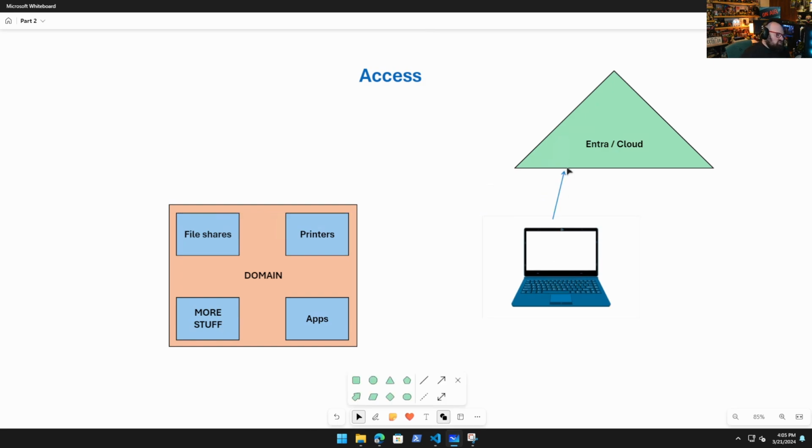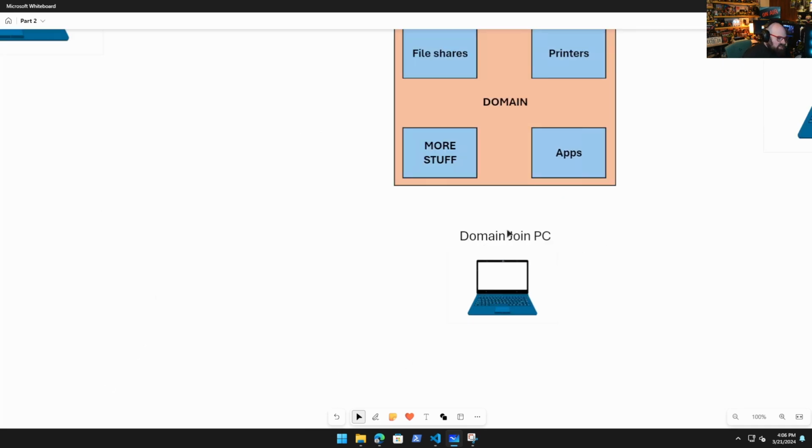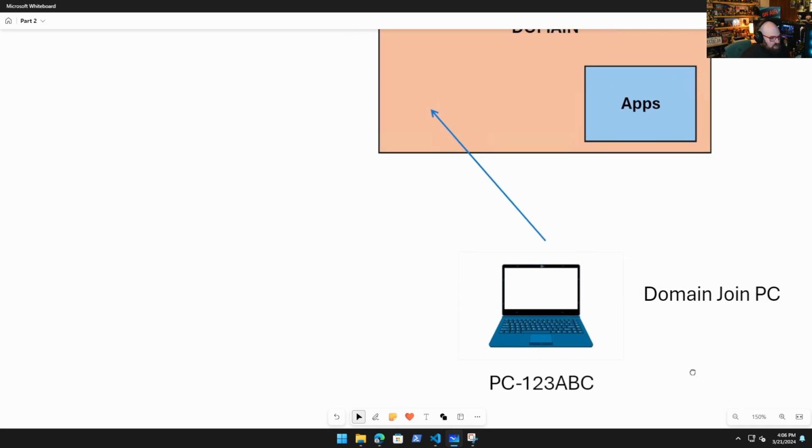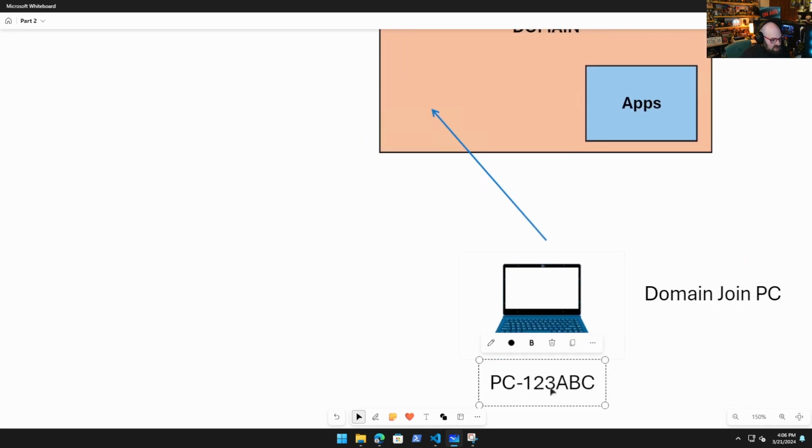When the PC is joined to Entra and not joined to the domain, we have to talk about authentication. How do we authenticate? When you have a PC that is domain joined, it's important to understand that there's a record of it on premise. So if you have a PC that's named PC123ABC, don't go stealing that now, that's a good idea.